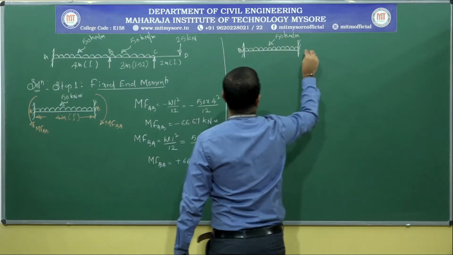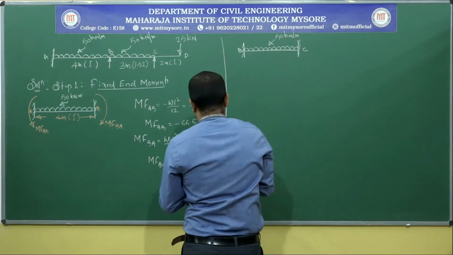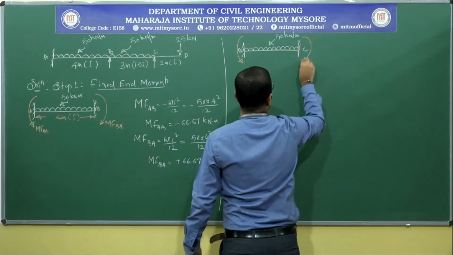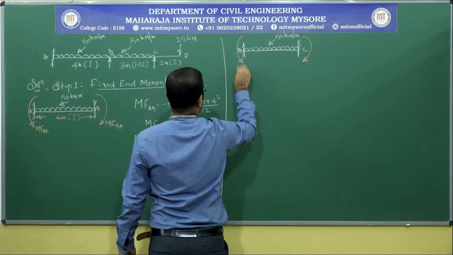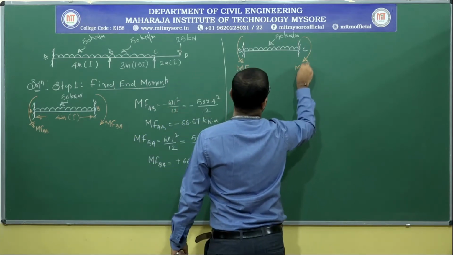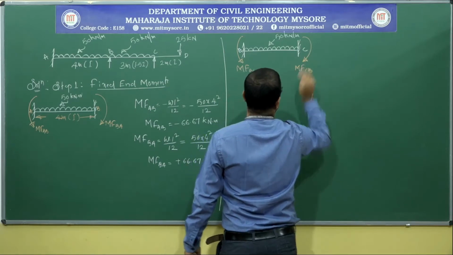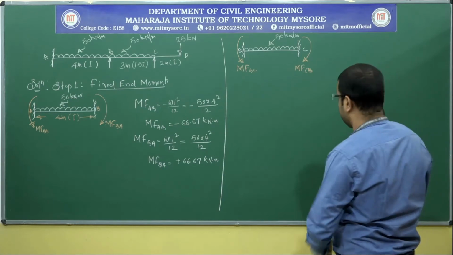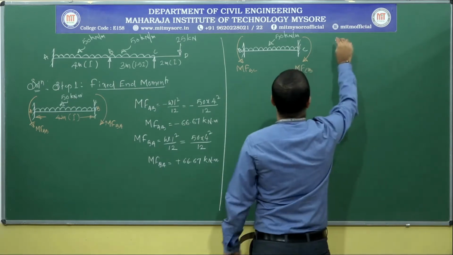So, this is end B, this is end C. Because of these fixed end conditions, the end moments MFBC and MFCB are developed. So, we need to determine the magnitude of these end moments.